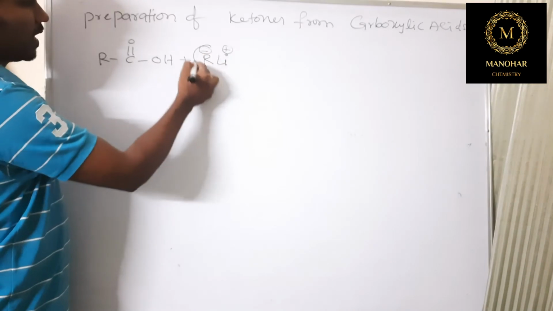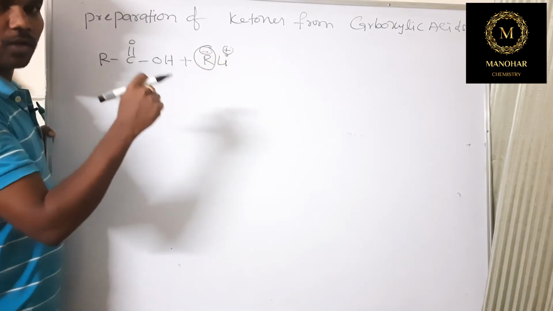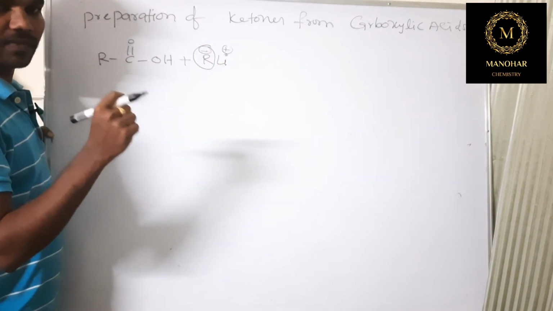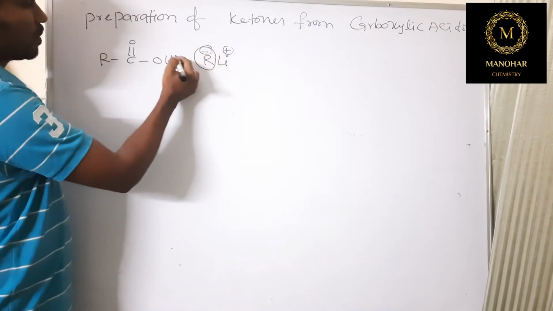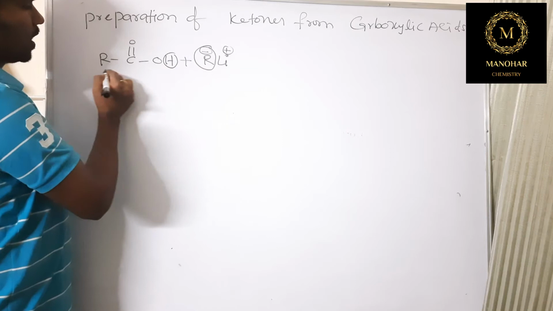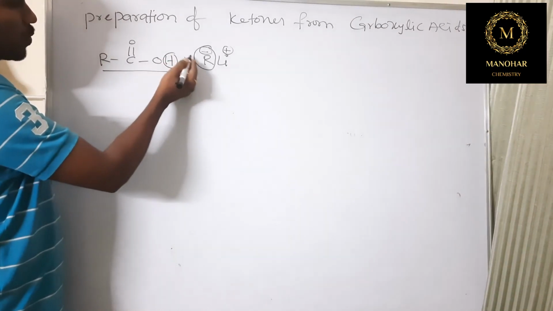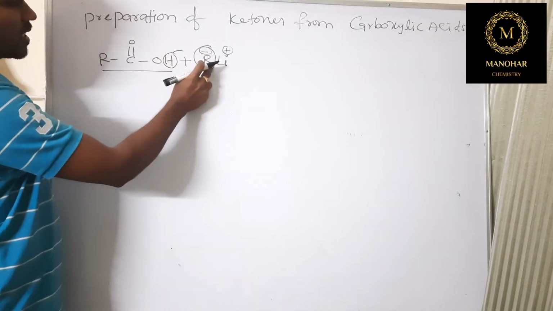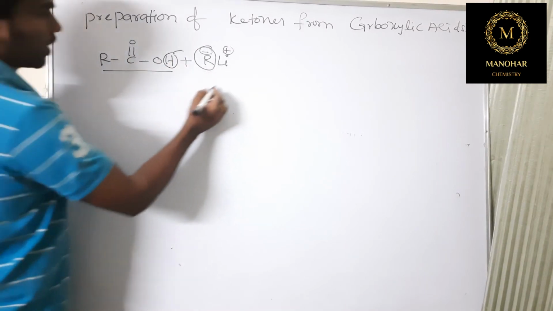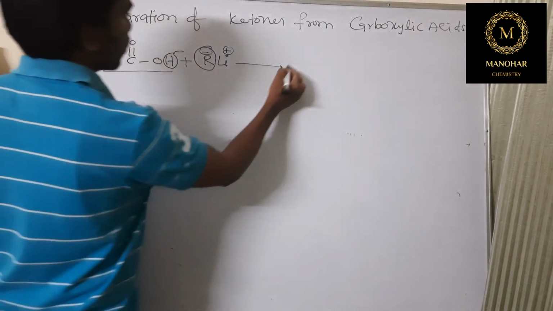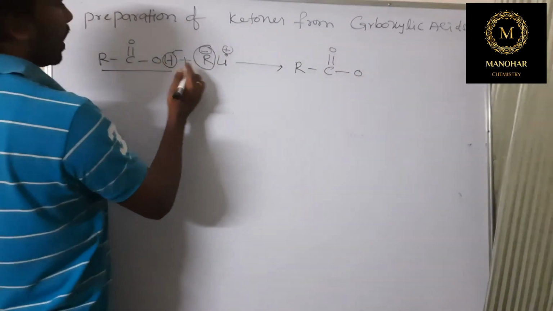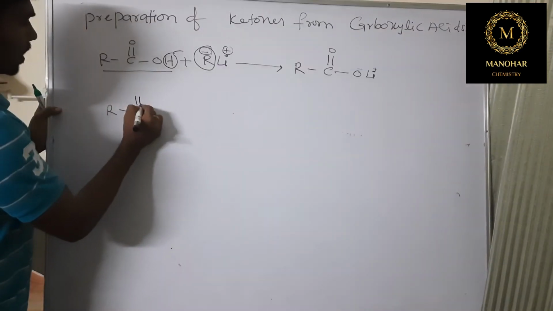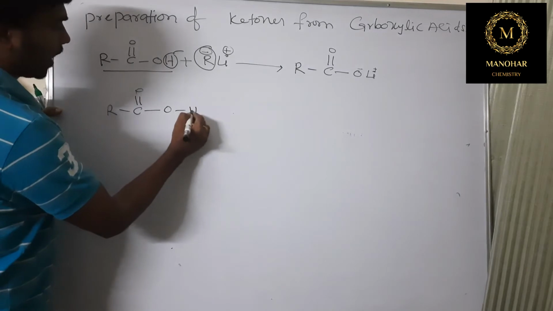Then this negatively charged alkyl group may act as a base as well as a nucleophile. Here it will act as a base and abstract this proton. The acid will release a proton, and that proton will be abstracted by this alkyl group, the carbanion. Because of that it is going to form RC double bond OH, right?